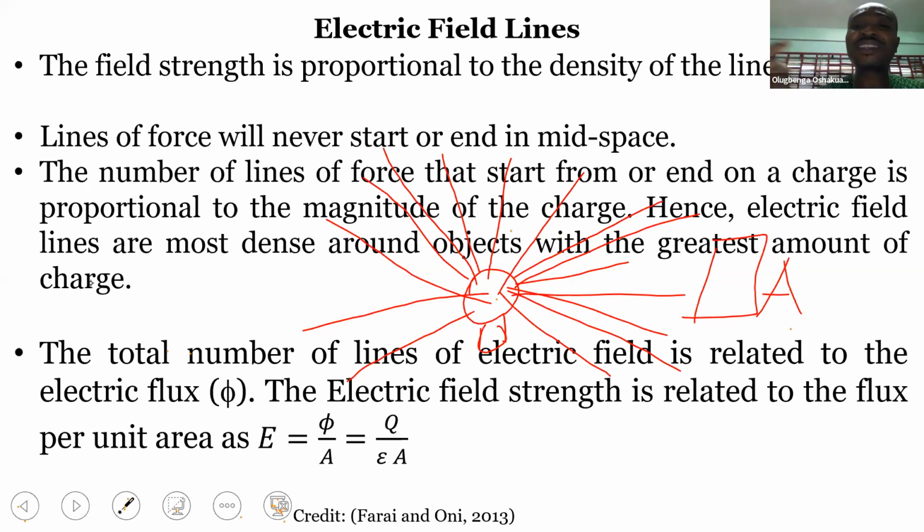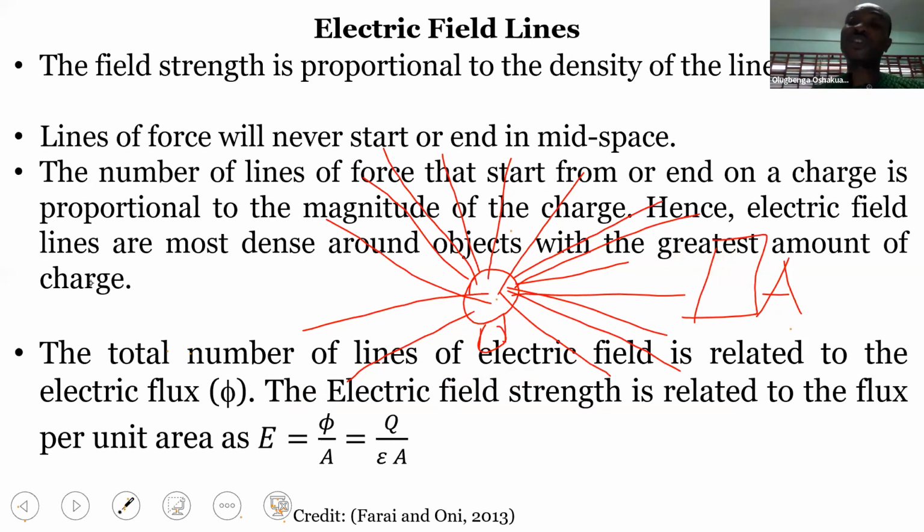And that takes us to what we define as electric flux, described as phi. The number of lines, or the electric field, is related to the electric flux. So the number of lines crossing that paper, I can call it flux.